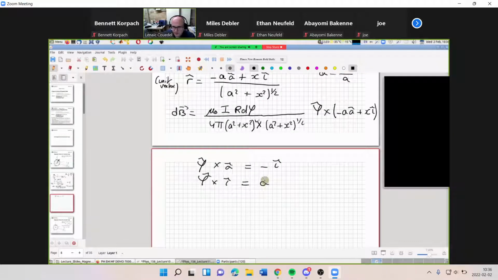So how you get this is the right-hand rule for the cross product. And you can use this in here to get your element of magnetic field. You get mu0 I a over 4 pi a square plus x square to the power 3/2.